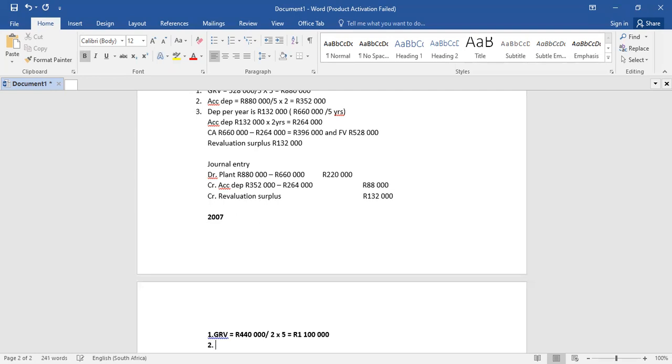Number 2, you calculate the accumulated depreciation.